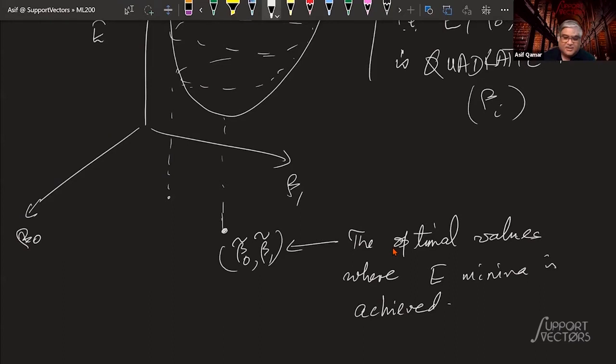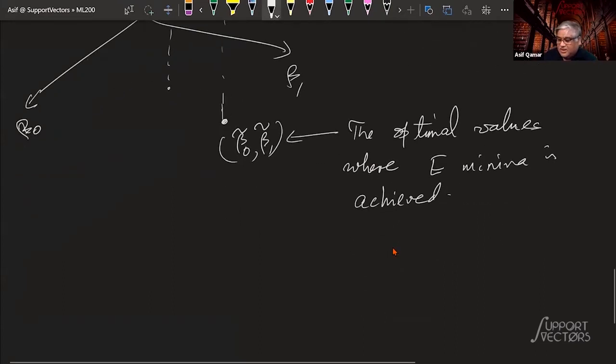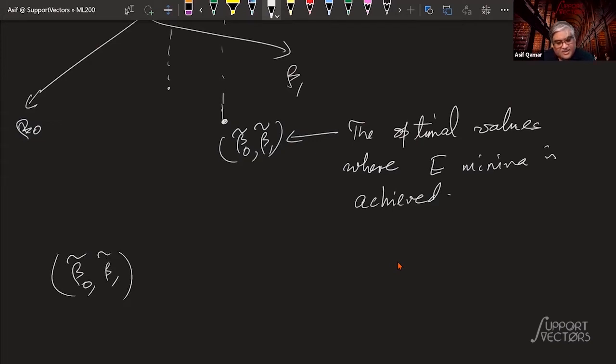In other words, what you are searching for in this space is this point, beta naught, beta 1, which represents in the beta space, let me just write it as a beta tilde vector.